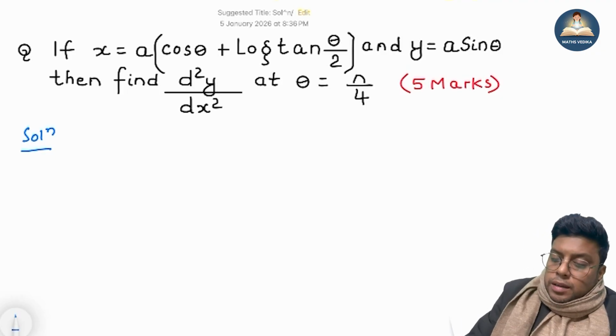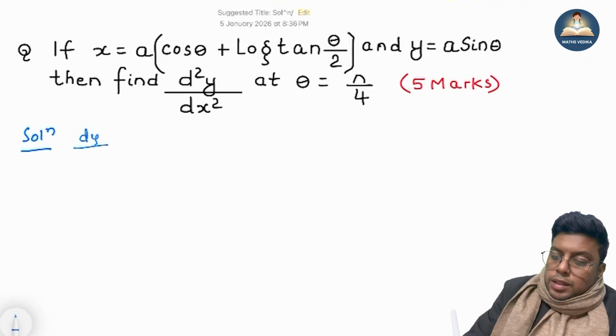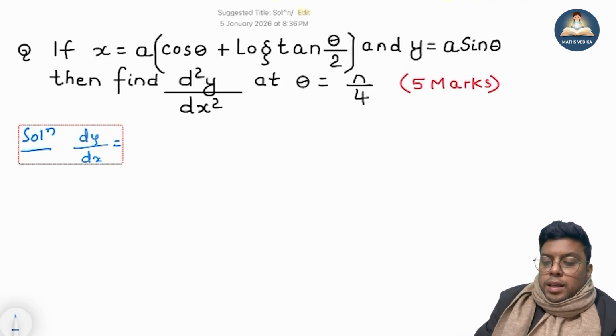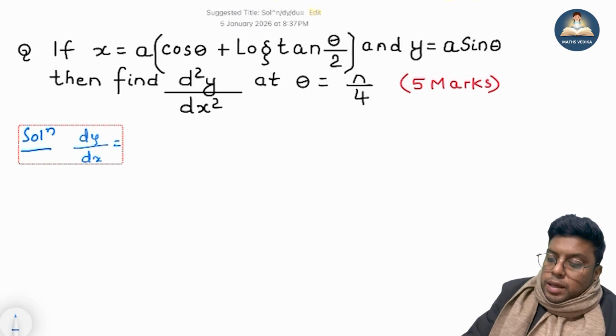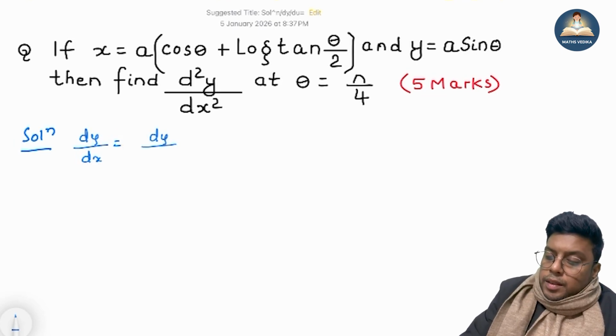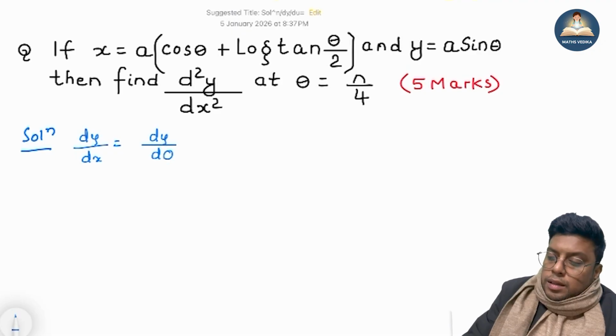So to obtain dy by dx, we need to first differentiate y with respect to theta and then x with respect to theta, and then we'll divide.